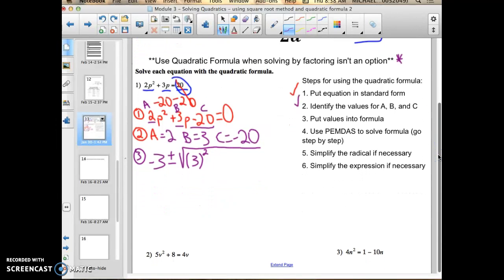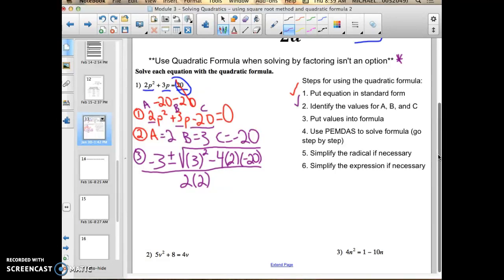So it's the opposite b to start with, then plus or minus the regular b squared, minus 4, parenthesis, my a term, which is 2, and my c term, which is negative 20. And this is all over 2 times a, which is 2.